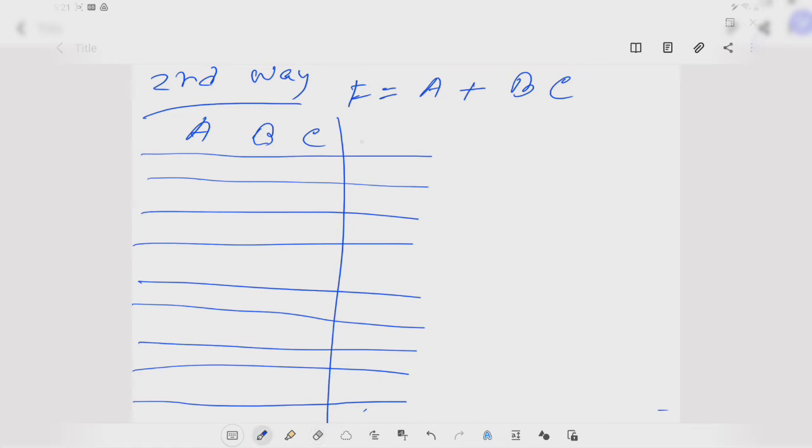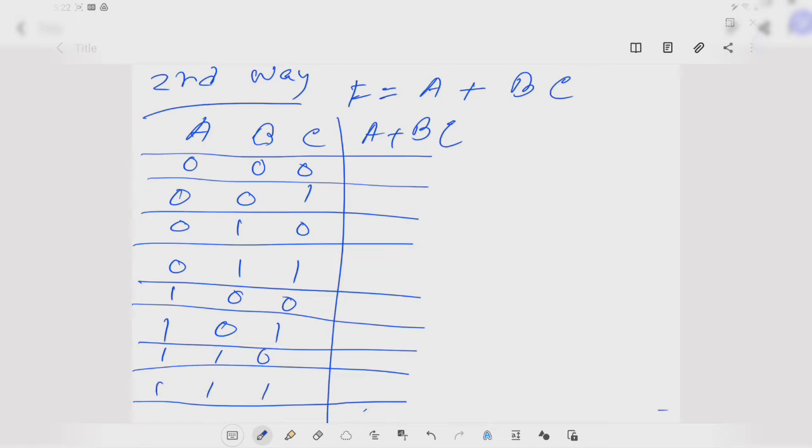For the function A plus BC, the outputs are 0, 0, 0, 1, 1, 1, 1, 1.